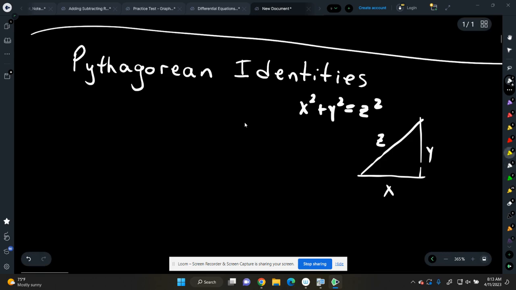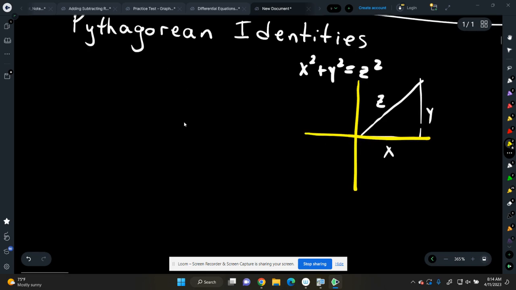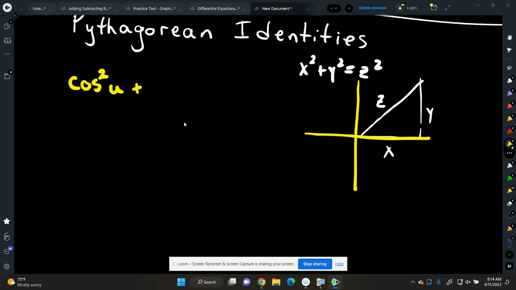Well, let's apply that to our unit circle. So in our unit circle, what does the x refer to? Which trig value? Cosine. So instead of x squared, we're going to say cosine squared u. Okay, u just refers to the angle. And instead of y, we'll say sine.